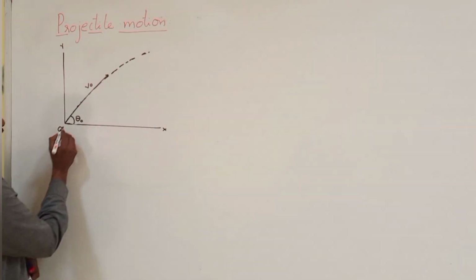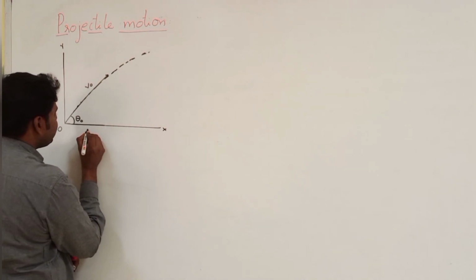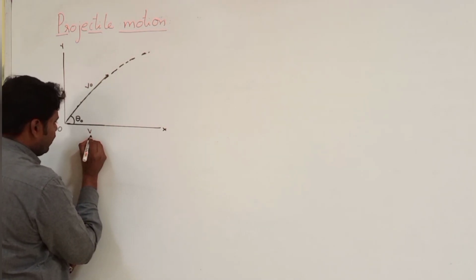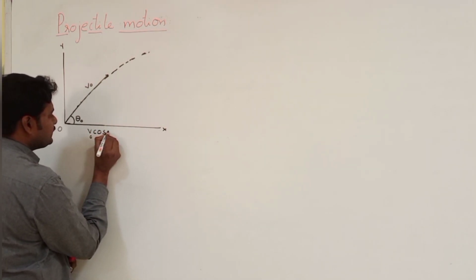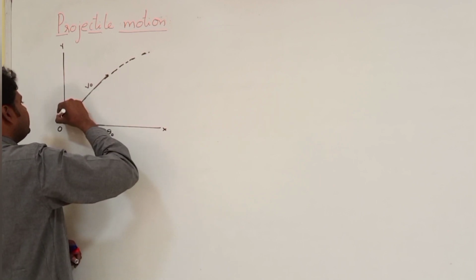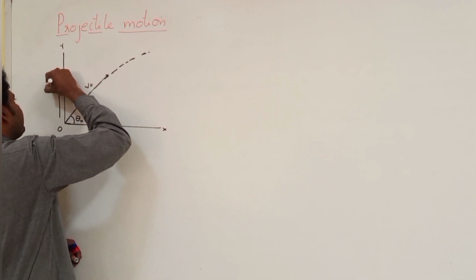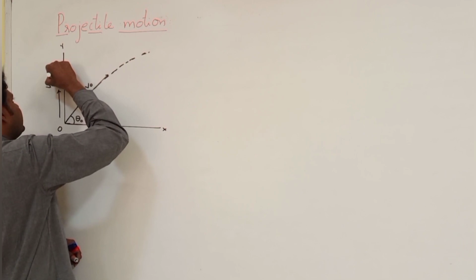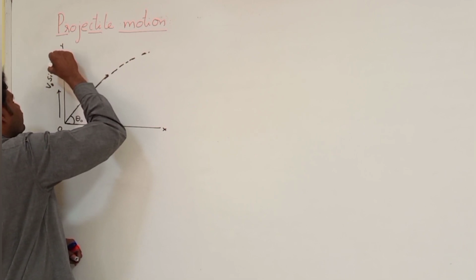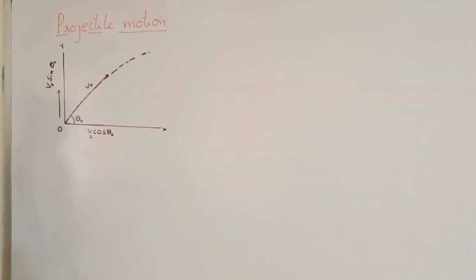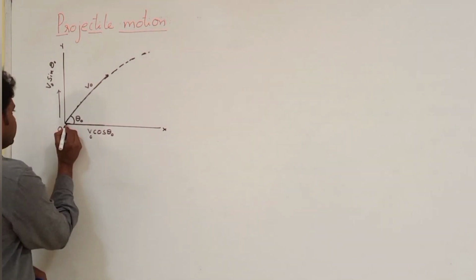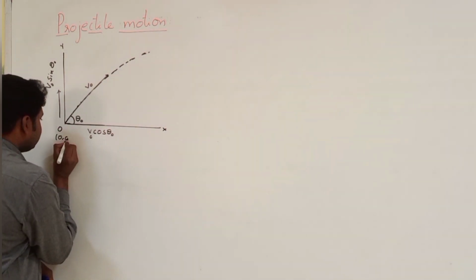Now, if you see, the horizontal component of initial velocity is v naught cos theta naught, and the vertical component is v naught sin theta naught. These are the initial components of velocities, and the starting origin is 0, 0.